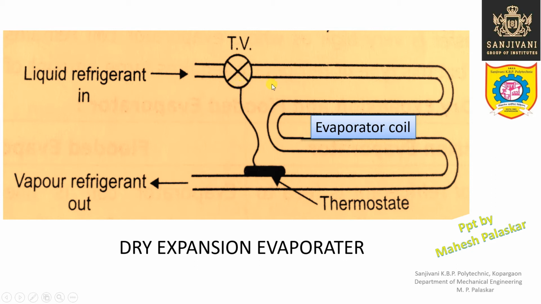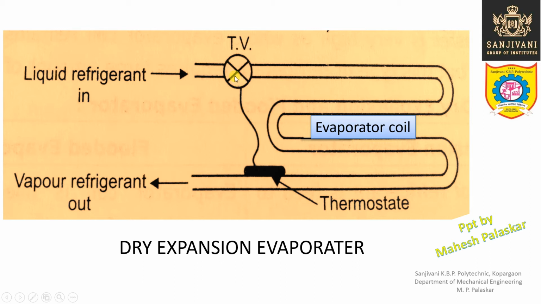So how does this control take place? Suppose the load on the evaporator is increased. Due to that, the temperature of the refrigerant leaving the evaporator will increase, and additional force, additional pressure, will act on the thermostatic expansion valve, right? In this valve we are using a diaphragm, so the pressure is exerted on the diaphragm.